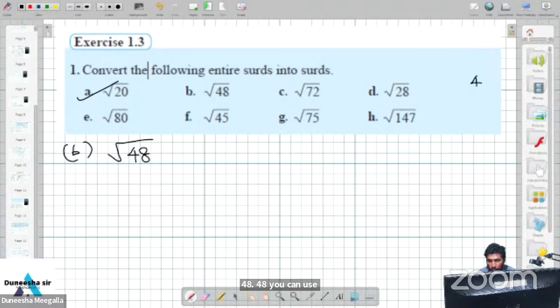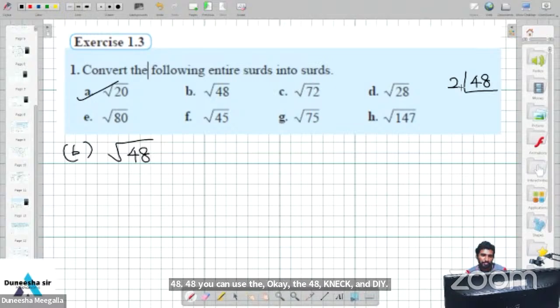Okay. We can keep dividing 48 by 2. Can you divide it by 2? What is it? 24. If we divide it by 2 again, 12.